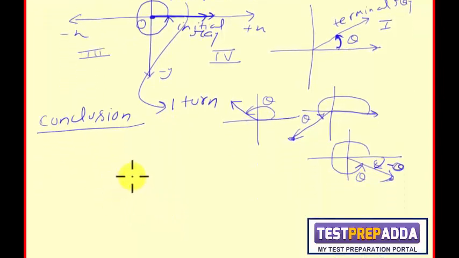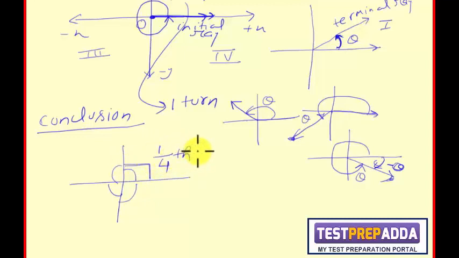Now, if I divide this one complete turn or rotation into four parts, this, this, and then this, this one part is 1/4 of a turn or one rotation.